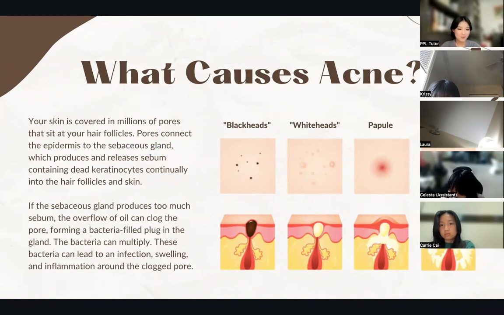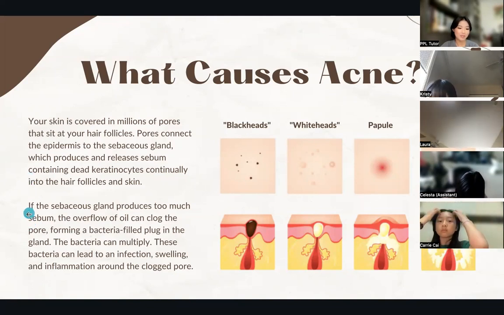That was a really long-winded sentence, but your pores are located at the site of your hair follicles, and as your oil glands continually secrete oil into those hair follicles, it leads to a buildup of oil at the base of the hair follicle, which is the perfect breeding ground for bacteria.